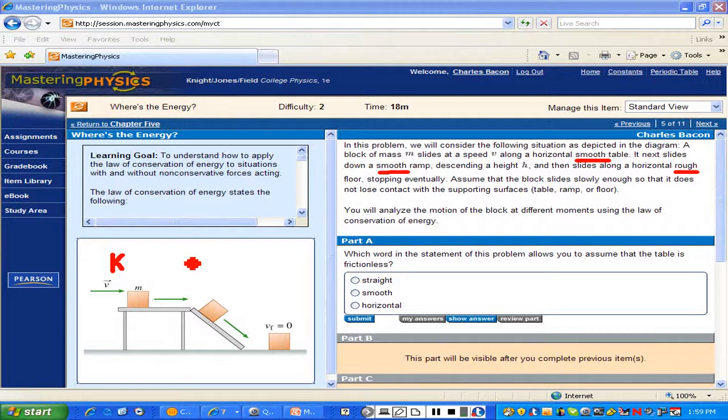So you want to jot down these various terms. So we have kinetic energy up here at the top. And also, since we are going from a higher position ultimately down to a lower position, we have potential energy due to the fact that the box is at the top of a table whose height is given by h. And that's in the problem as well. So we know we have potential energy, mgh.